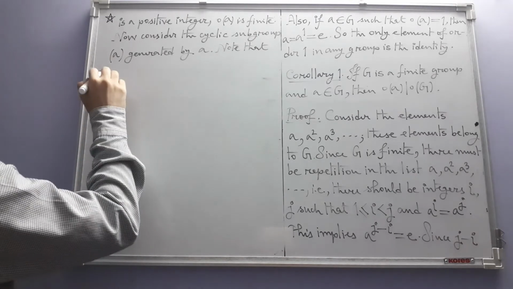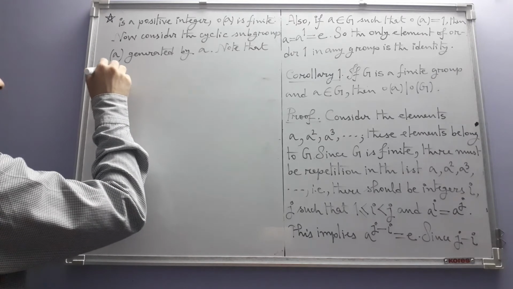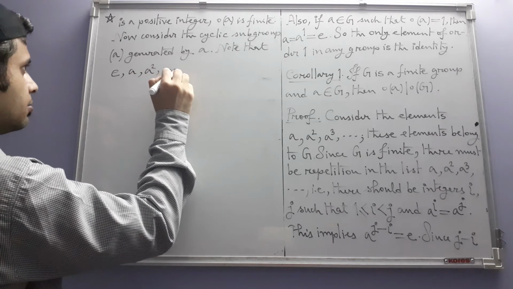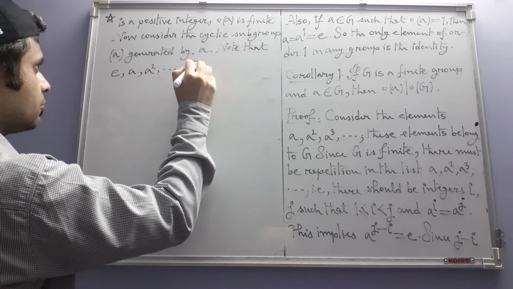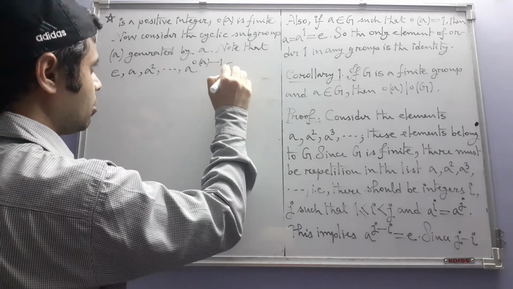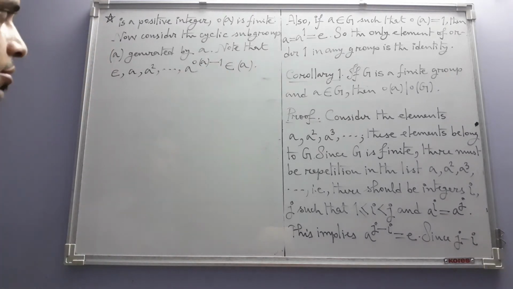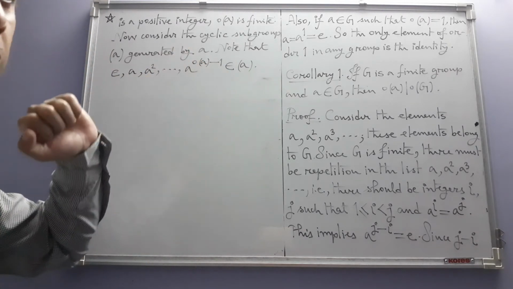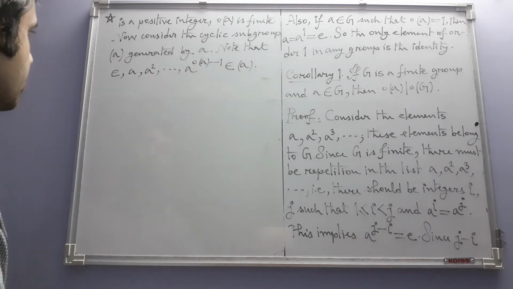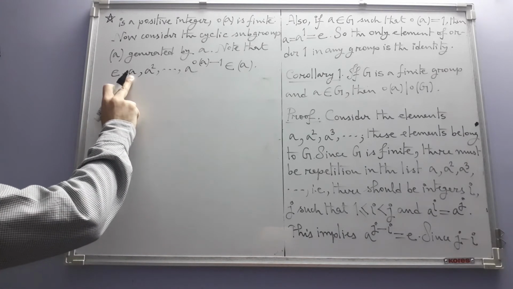Note that e, A square, etc., a to the power order of A minus 1, all of these things belong to the cyclic subgroup generated by A, simply because they are integral powers of A, and that too they are non-negative integral powers of A. This one is also an integral power of A because this is A to the power 0 and this is A to the power 1.